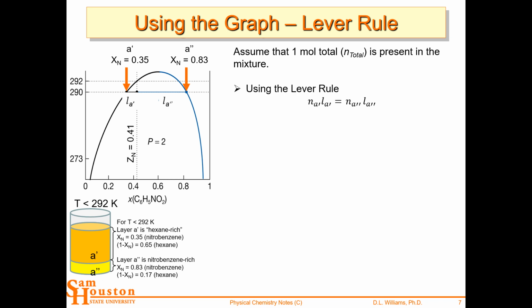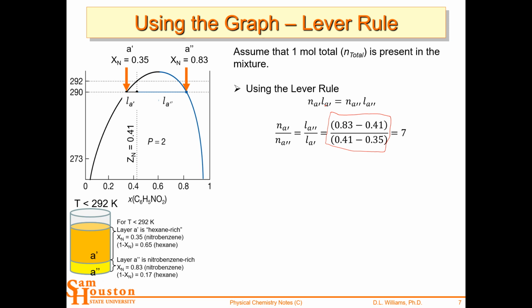Now using the lever rule, we just rearrange that and get this ratio of the total number of moles in A prime divided by the total number of moles of A double prime. And that equals length of A double prime over length of A prime. So 0.83 minus 0.41. Looking at the phase diagram, you should be able to figure out where these numbers came from.